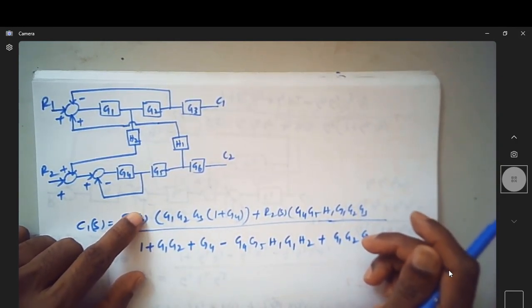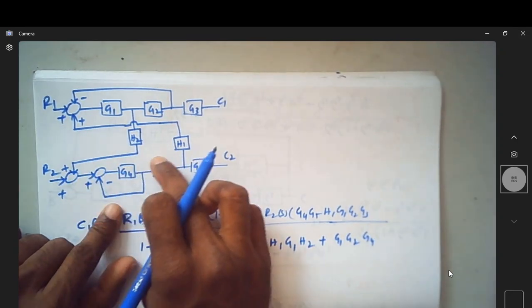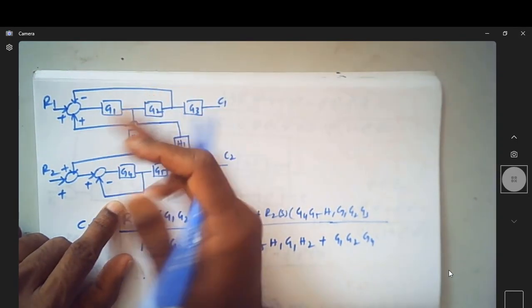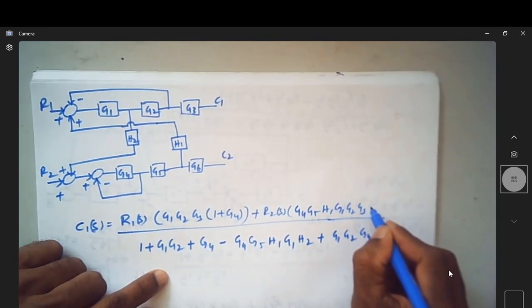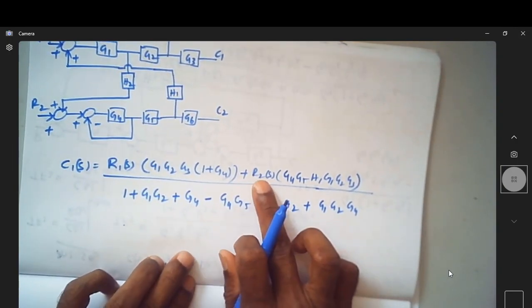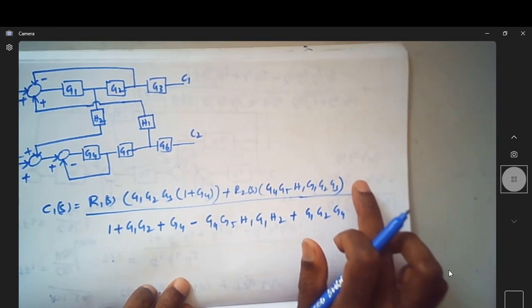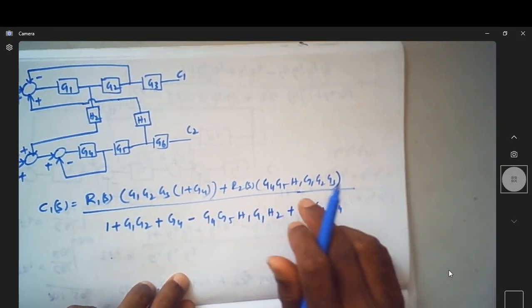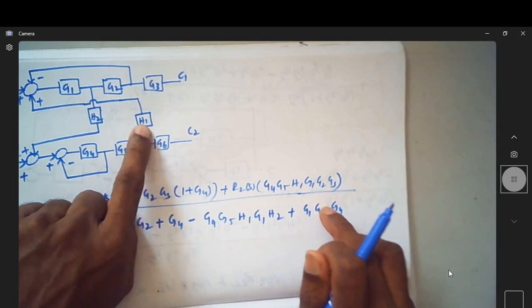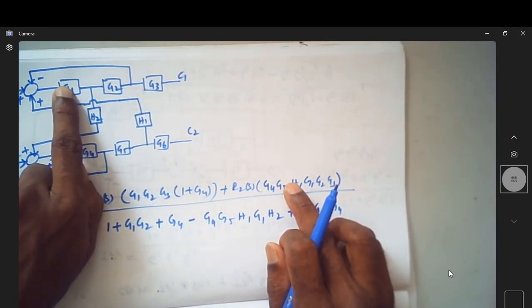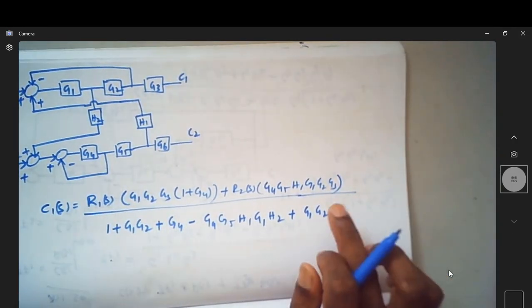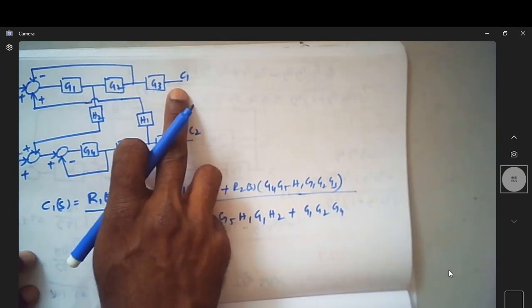And are there any loops which are not touching that? No, this loop and this loop, all of them will touch. It is R2 into only the forward path, so delta is 1 here, correct? Here it is G4, G5, H1, then G1, G2, G3. This is only for C1(s).